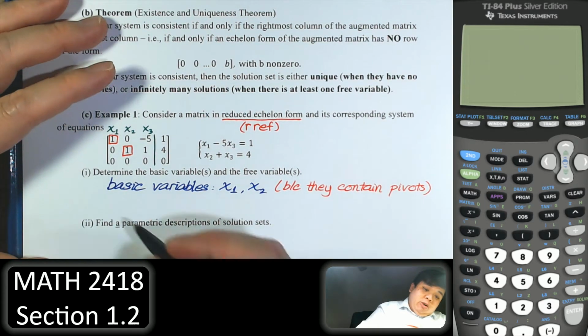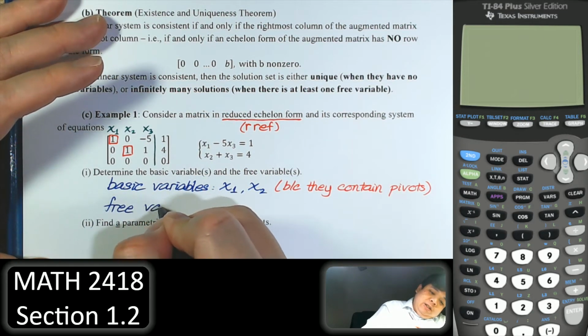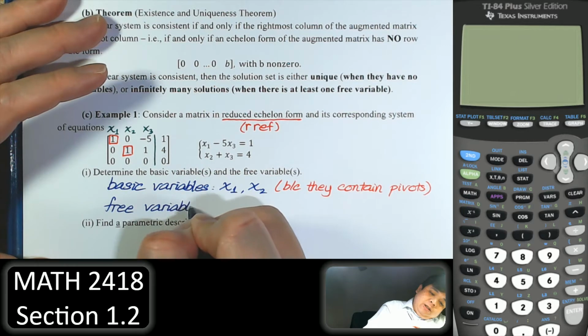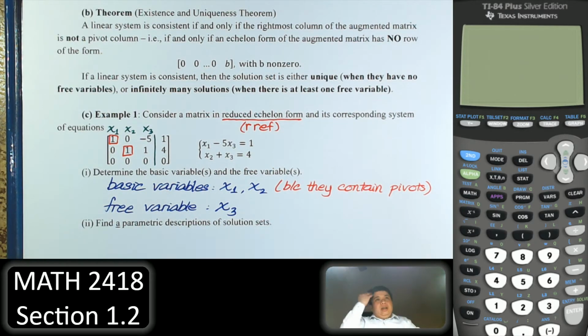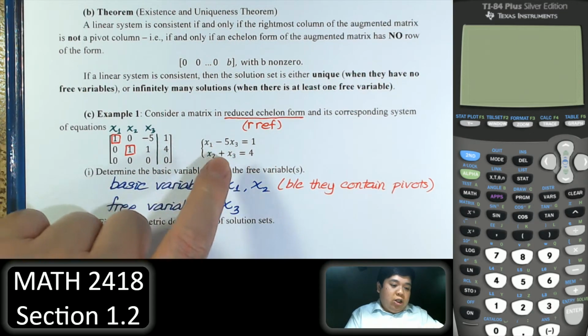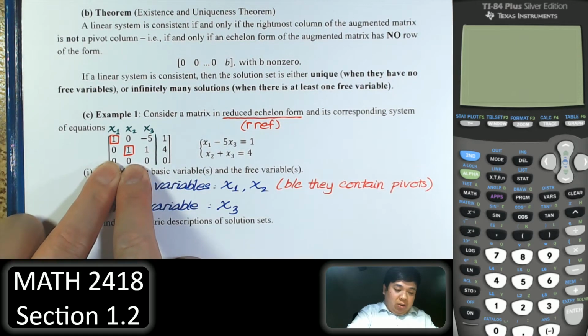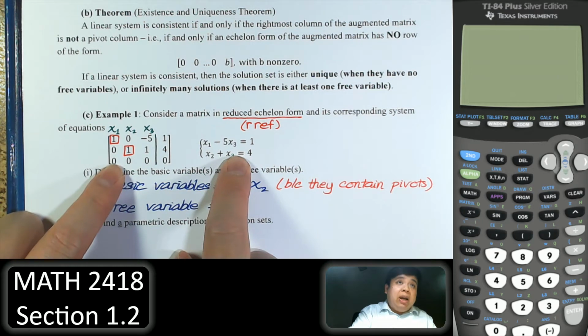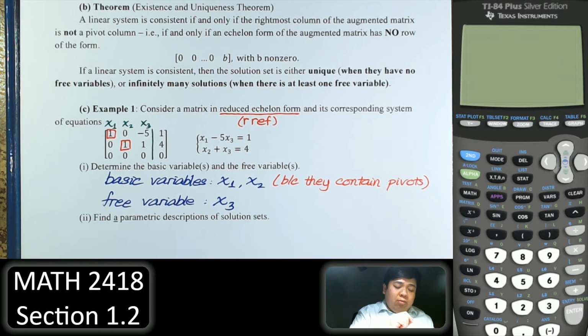And the free variable is where we don't have the pivot entry. Of course, that augmented matrix is corresponding to this system, even though if we don't have that, we still can solve for that easily. Let's assume for a moment we don't know that.